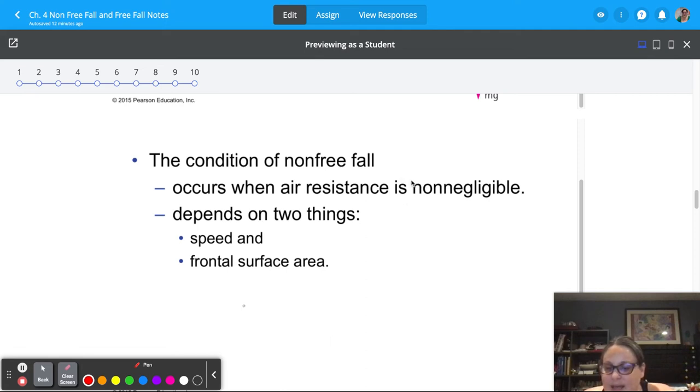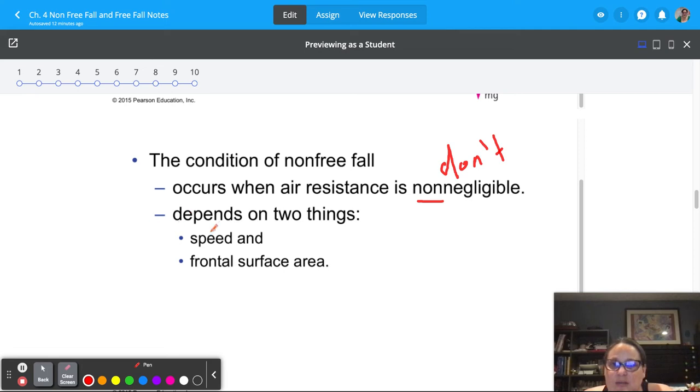So this is like a double negative, because negligible means not, and then non-not. So what this is getting at is we have a situation of non-negligible, so we are not ignoring it. This means don't ignore air resistance. Don't ignore.